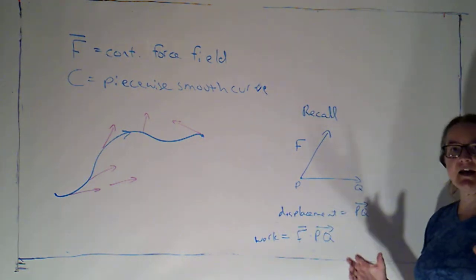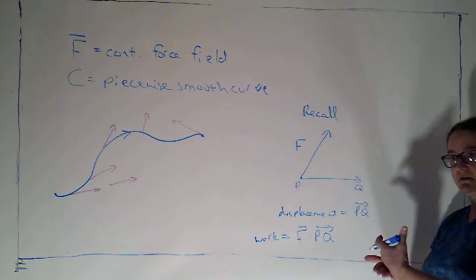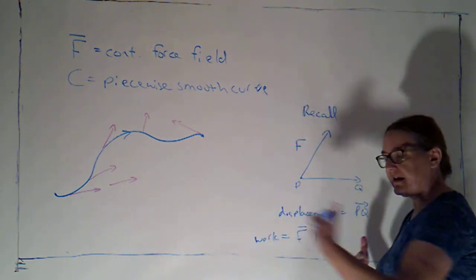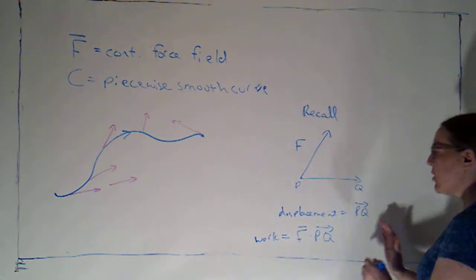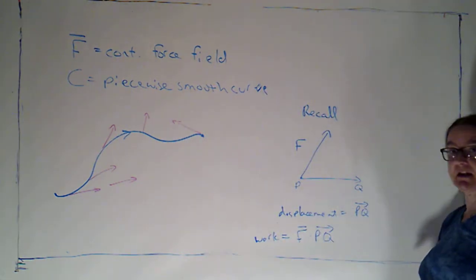So we replaced the idea of multiplying a constant force by the distance that the force moves an object if it's moving in the direction of the force, with dotting the force with the displacement vector.